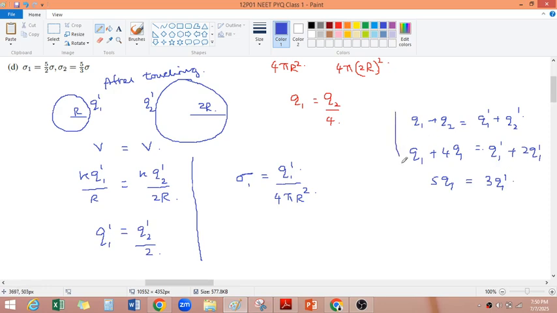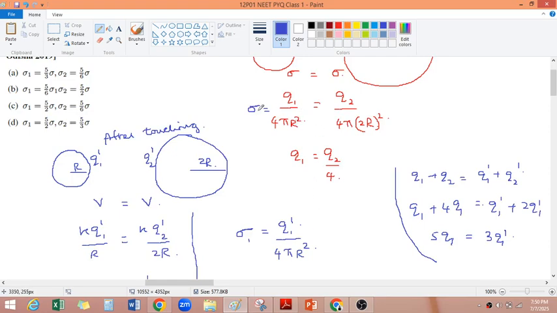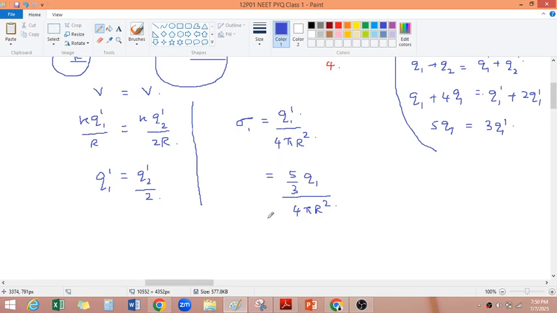Then it's very easy because I can write Q1 dash as 5 by 3 Q1. Sigma 1 is then 5 by 3 Q1 divided by 4 pi r squared, but I know Q1 by 4 pi r squared is sigma, so that means 5 by 3 sigma. So I found the first part of the question. Do the same thing for the second part.